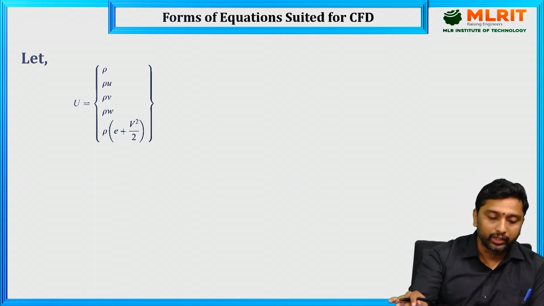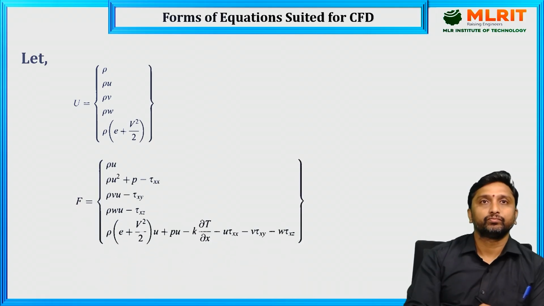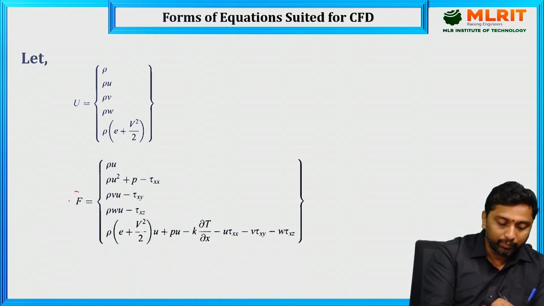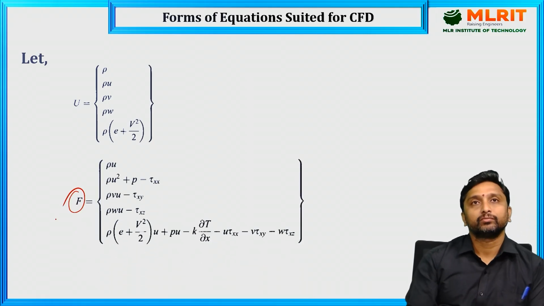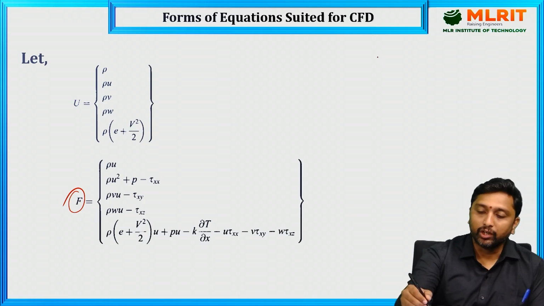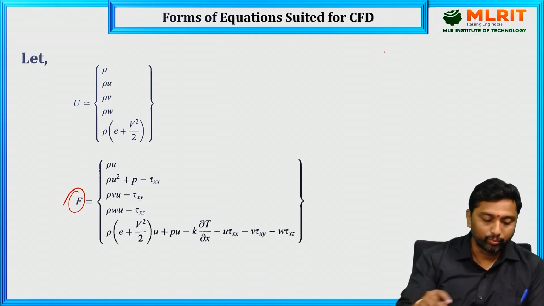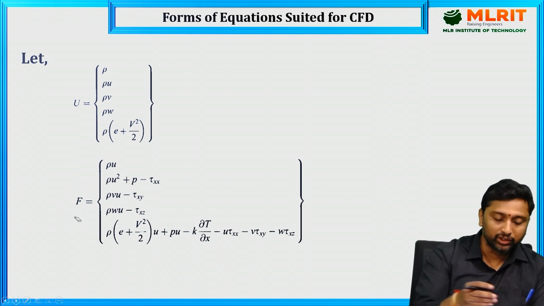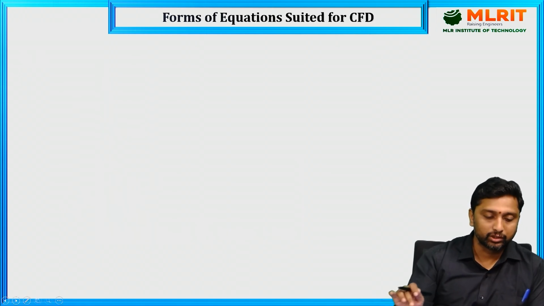Now similarly, I will take dou by dou x. F represents terms under dou by dou x. So if you see the continuity equation again, let's move back to the continuity and momentum equations. That will help me understand this.